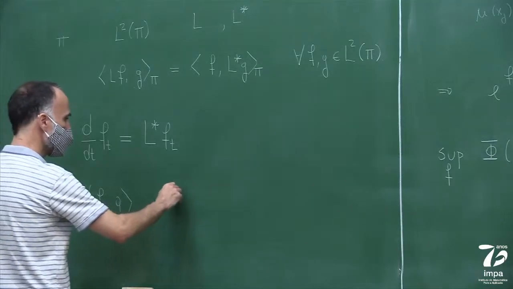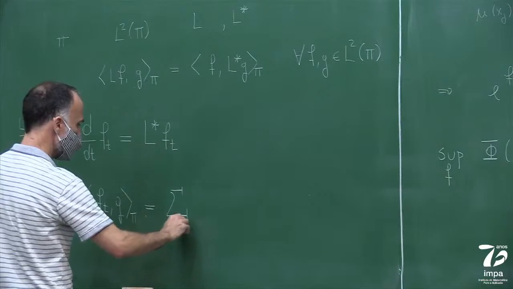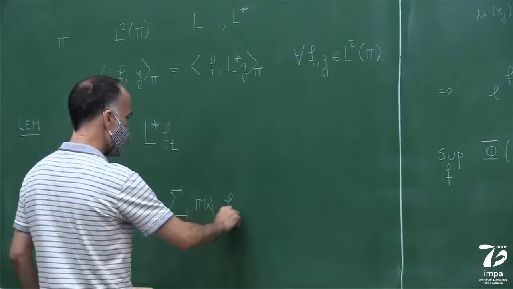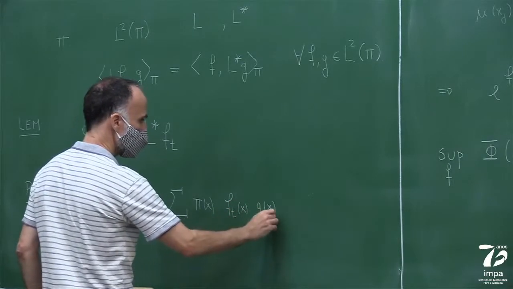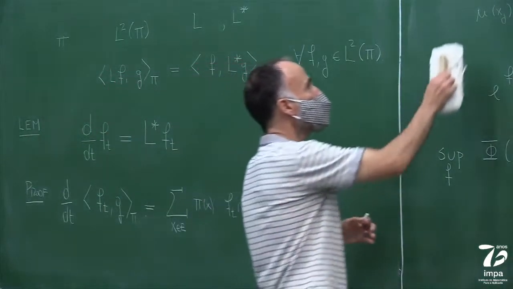Well, this derivative, it's the sum over x of pi x, which is the measure, then ft of x, g of x. Just the scalar product. Now, let's recall what ft of x is.